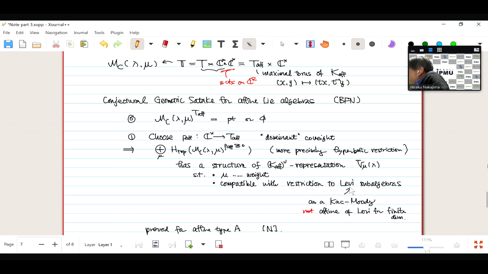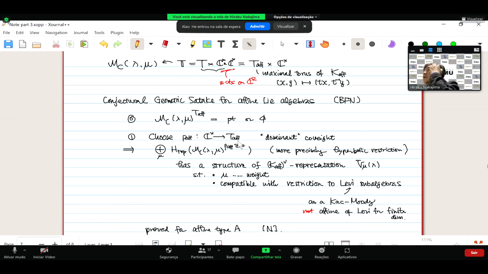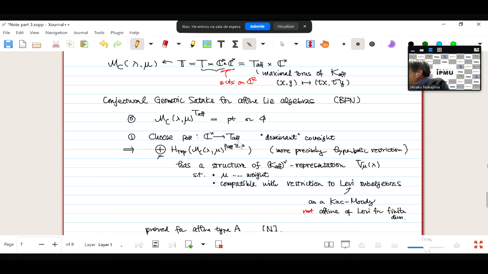But here, it's much simpler. So this is a co-character in the affine torus, the maximal torus of the affine algebra. So this chamber is not a chamber in the finite dimensional torus. This is a chamber in the affine one. And I take a dominant chamber. And the boundary is a root hyperplane corresponding to a simple root of the affine algebra. And I consider the corresponding Levi subalgebra.